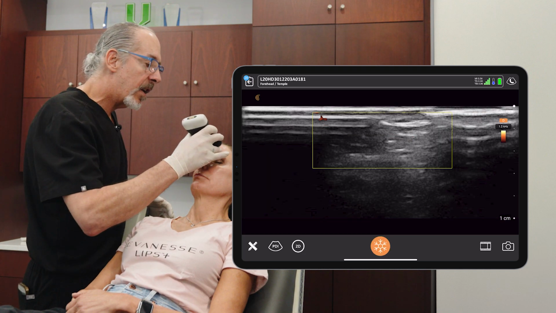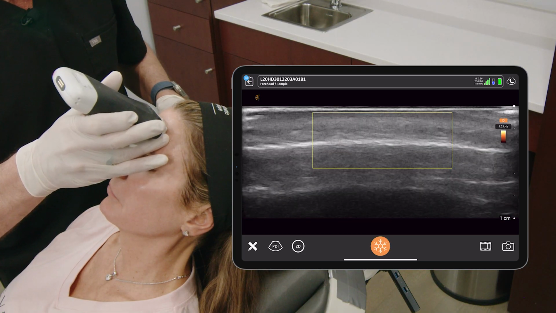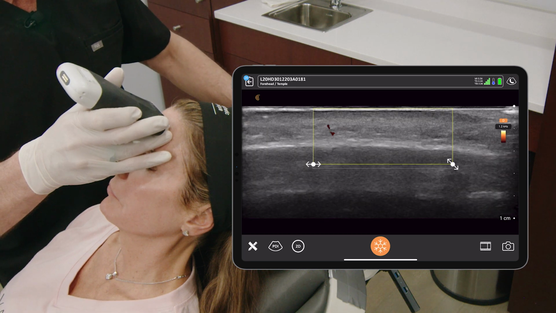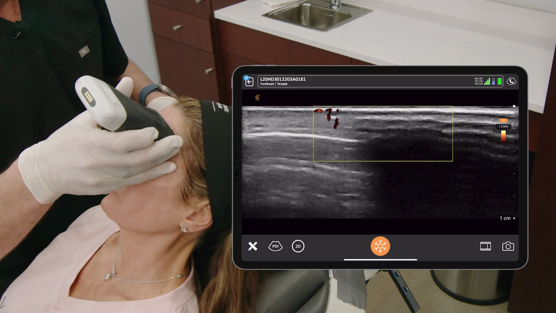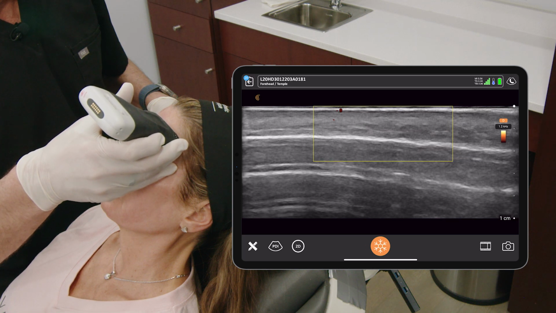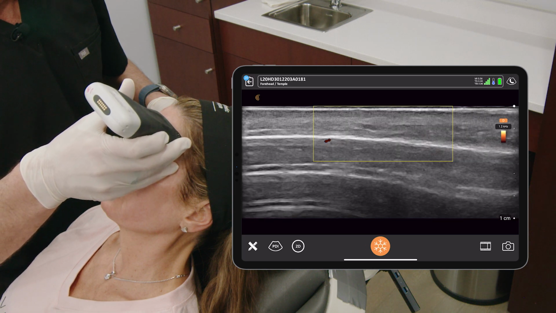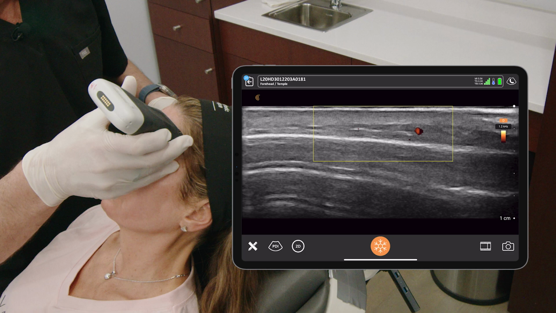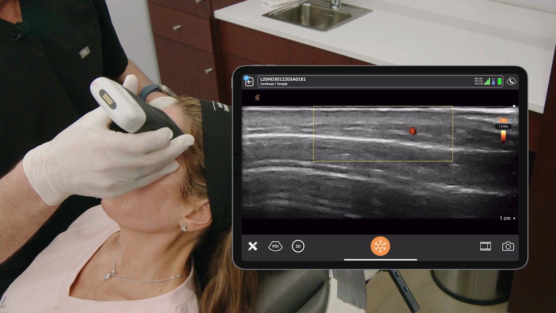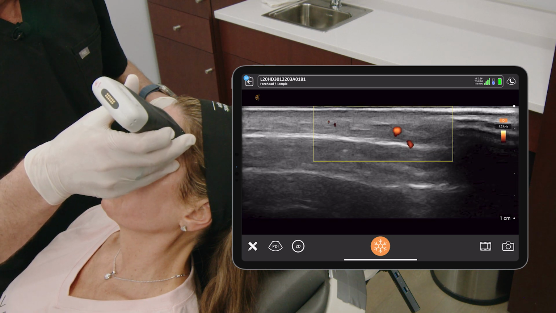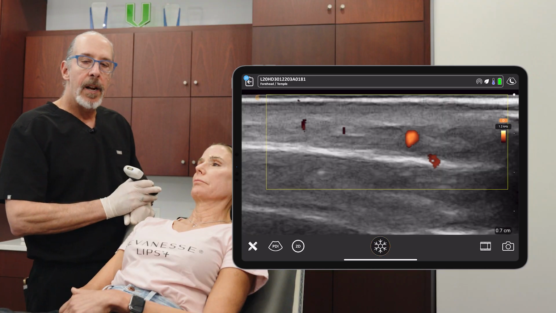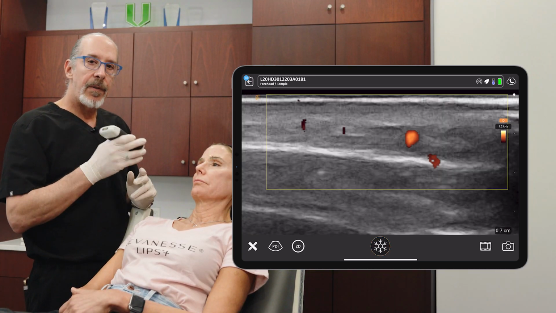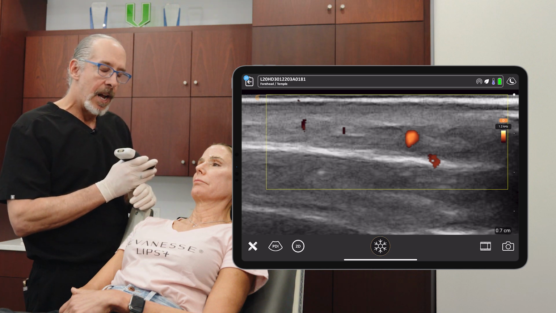Let's go even higher, and you're going to see it even more superficial. I want to find it more superficial than that. So what we're seeing here is an evaluation of the forehead pretty close to the hairline.